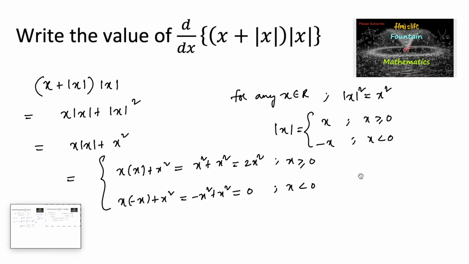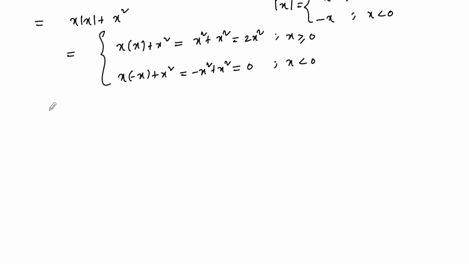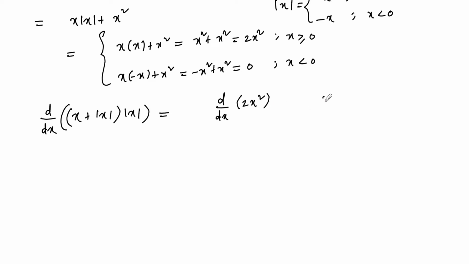So let us differentiate now. d by dx of x plus mod x into mod x is equal to differentiation of 2x square when x is greater than 0. We will not consider x equal to 0 because mod x is not differentiable at x equal to 0, so we will consider only x positive.